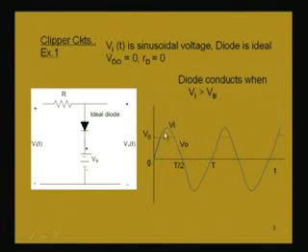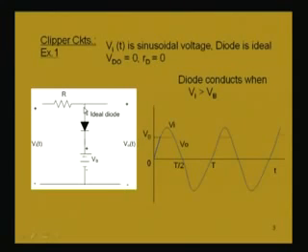Suppose we consider the half cycle when Vi rises, till the point Vi is less than VB, this point is at a lesser potential than this point, so obviously the diode will not conduct.